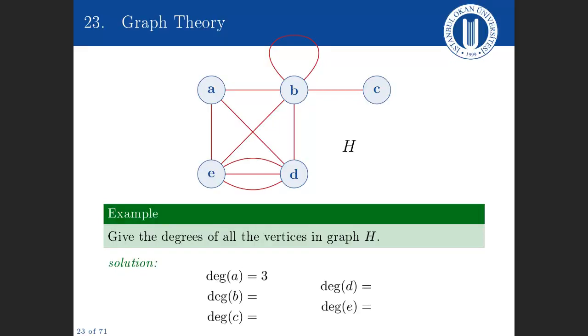At B, remembering we're counting a loop as 2, so 1, 2, and then keep going, 3, 4, 5, 6. The degree of B is 6. The degree of C is 1. The degree of D is 5, and the degree of E is also 5.